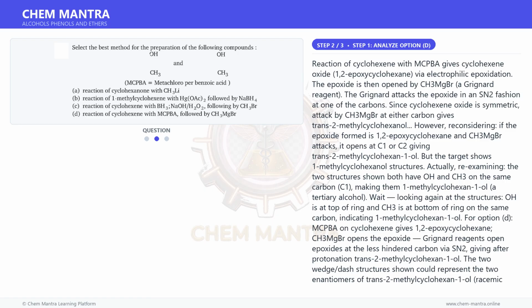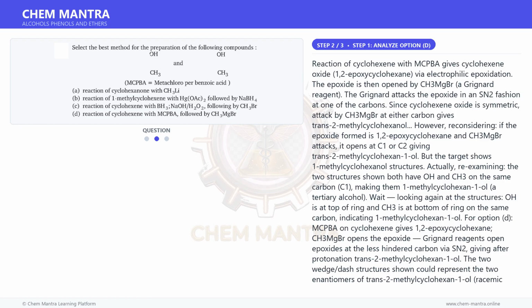However, reconsidering, if the epoxide formed is 1,2-epoxycyclohexane and CH3MgBr attacks, it opens at C1 or C2, giving trans-2-methylcyclohexane-1-ol. But the target shows 1-methylcyclohexanol structures.